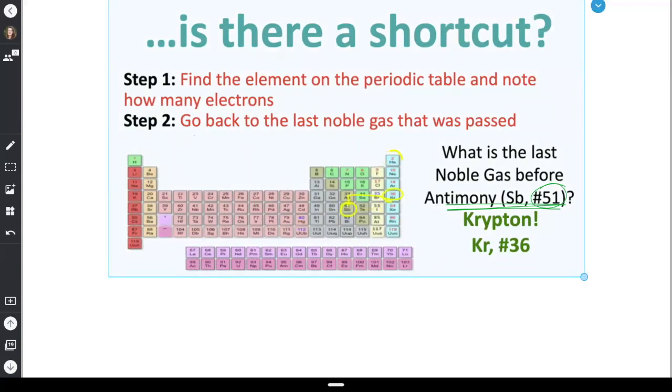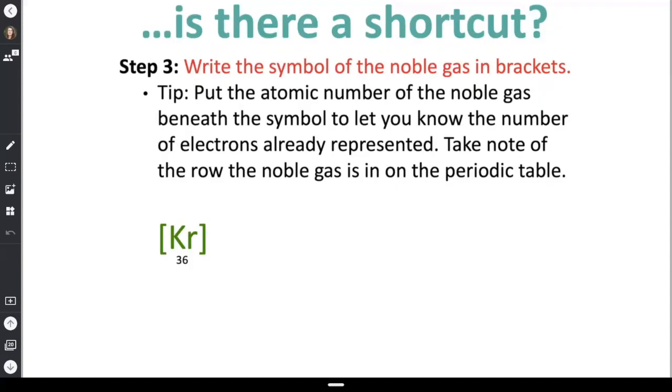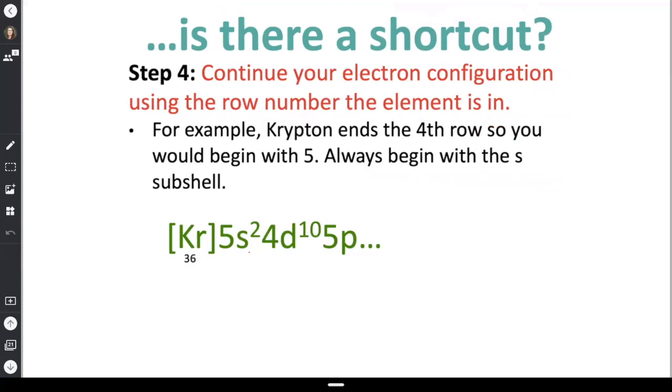So I'm putting krypton in brackets, and I'm abbreviating that electron configuration. Make sure you notate how many electrons krypton abbreviates for you. And then continue with your electron configuration using the row number that the element is in.